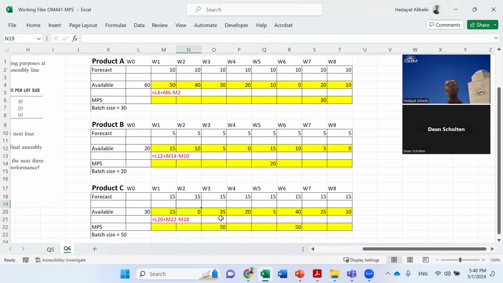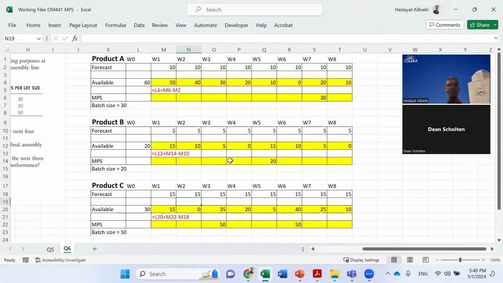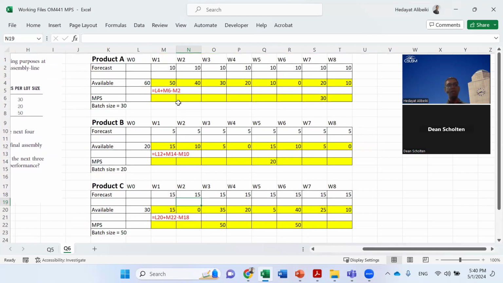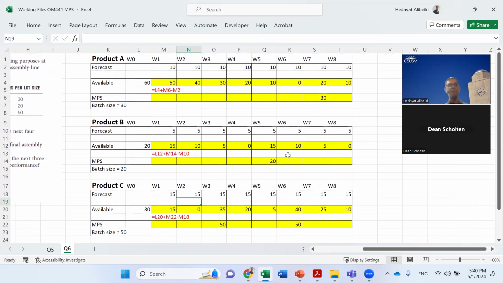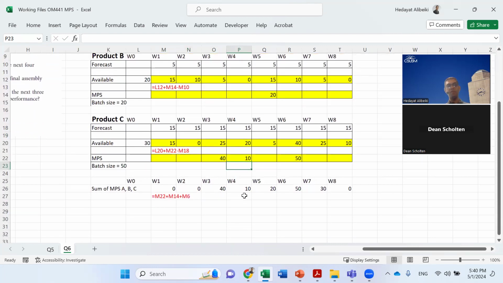So practically for this example, we can't have more than 40. We can break them down into 10 and 40 and 10. But the good thing is that we never exceed 40, which works for this problem.